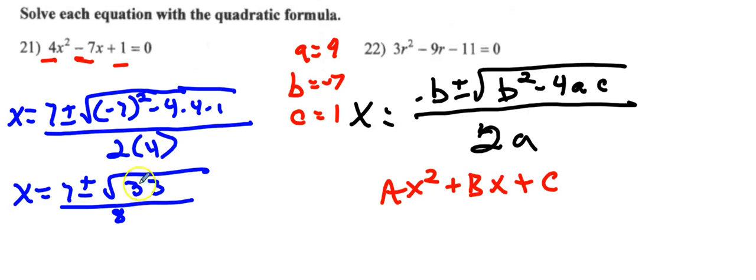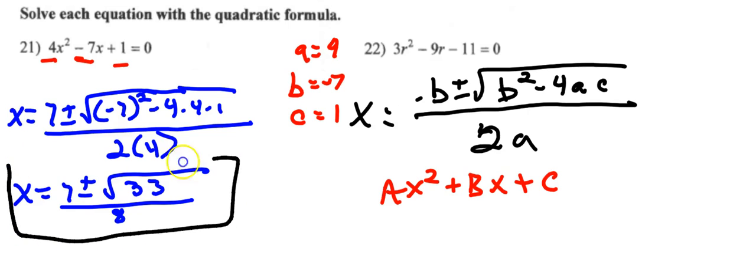Now in this case, there is no perfect square in 33. There's nothing we can take out. So we're finished. We just have to write this as 2 problems. Actually, no, we decided in class we could leave it like that. And we will. So there it is. And that's it for page 3. You can hit pause and look at that, or if you need to move on to page 4, go for it.